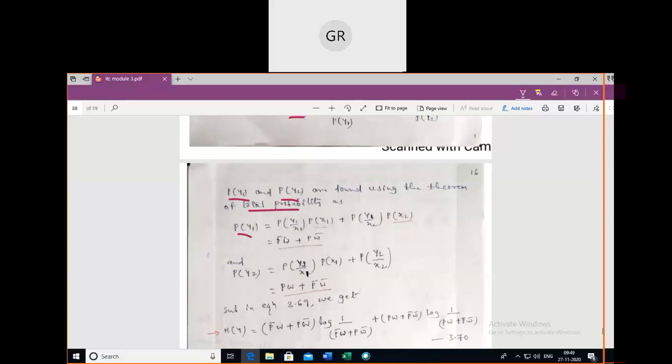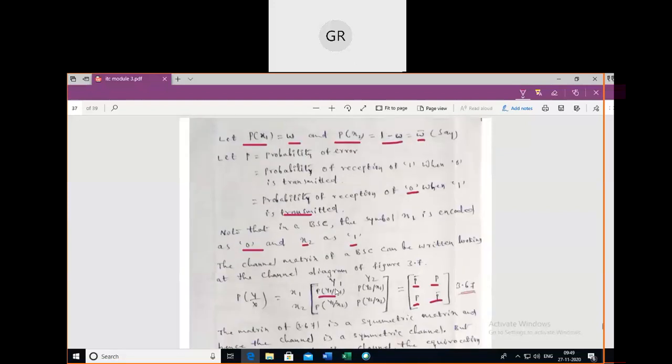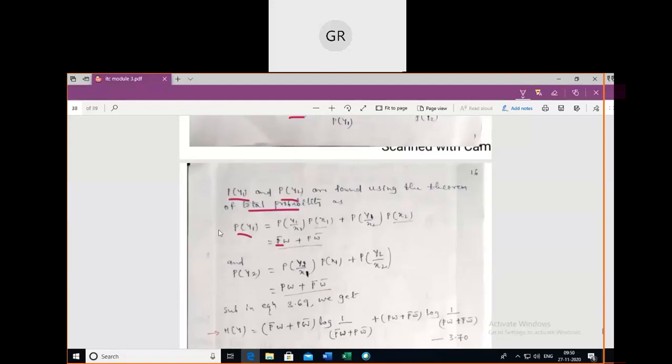See, P of y1 is equal to P of y1 divided by x1, P of x1 plus P of y1 divided by x2, P of x2. What is P of y1 divided by x1? It's P bar, right? You have to go through these equations, already solved.